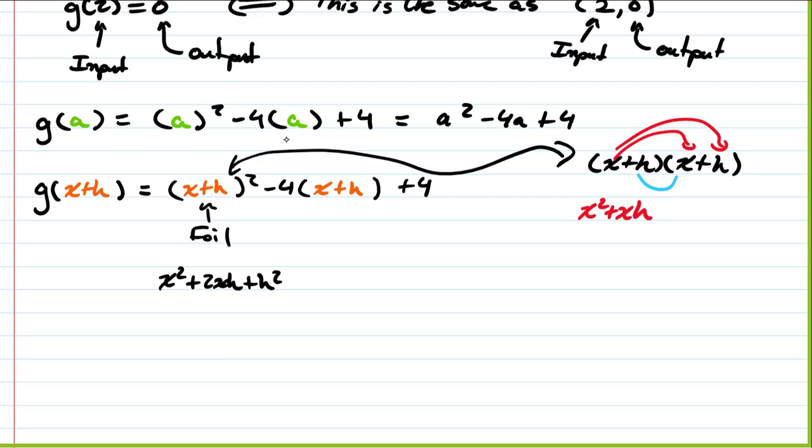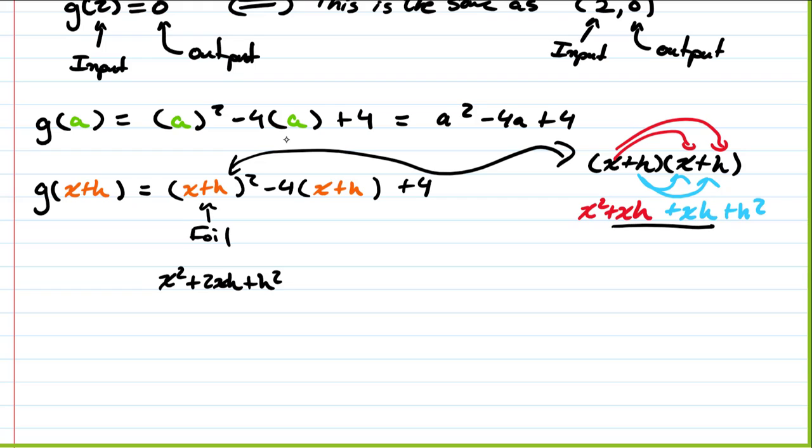We're then going to get h times x and h times h, so that's going to give us another xh and an h squared. And if we collect our like terms, x times h plus h times x gives us 2xh. We have our x squared and our h squared.